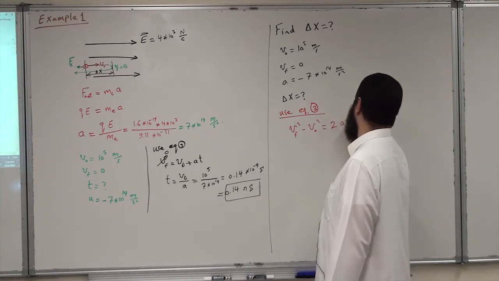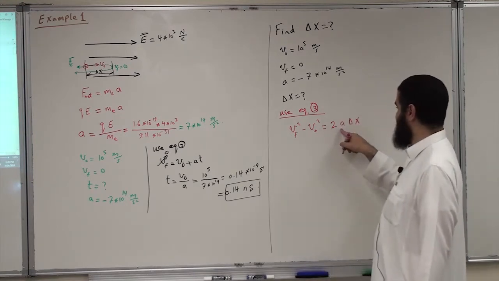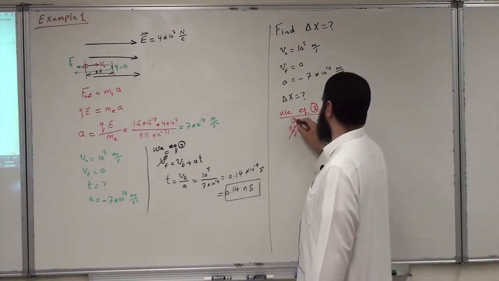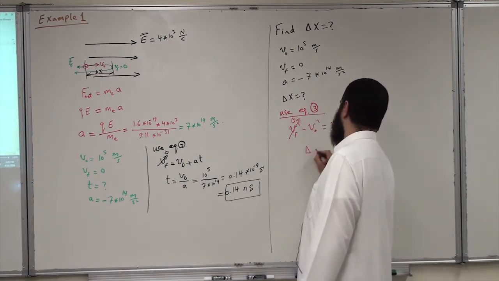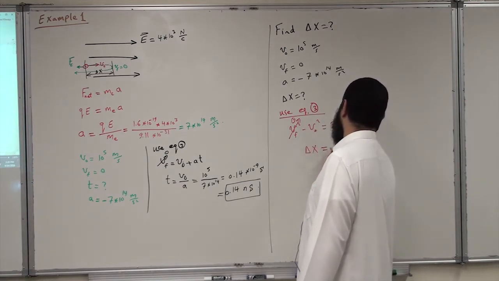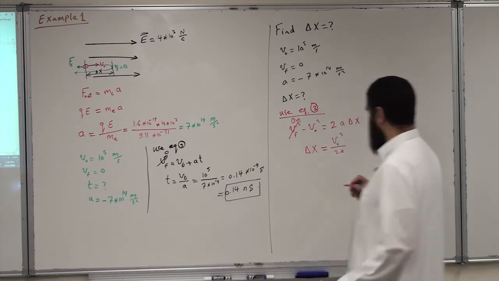Okay, 2a delta x, but this acceleration is negative, and V final is 0. So the minus sign here will cancel with that minus sign, and we are left with delta x equals V0 squared divided by 2a.